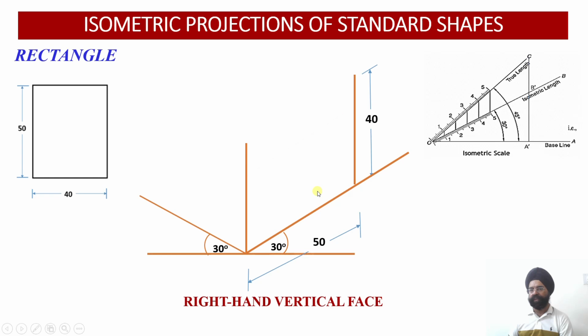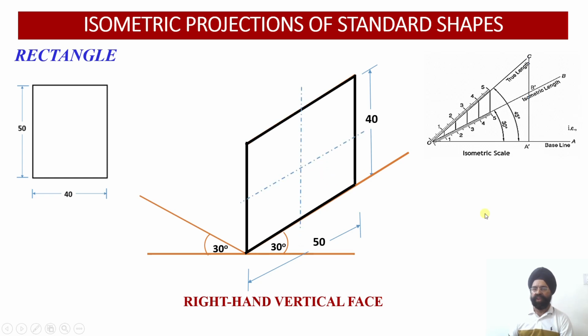Once we draw both of these, these are the two isometric lines which can be drawn to complete the construction of this rectangular figure. So this is the construction of the rectangular face in all three orientations.